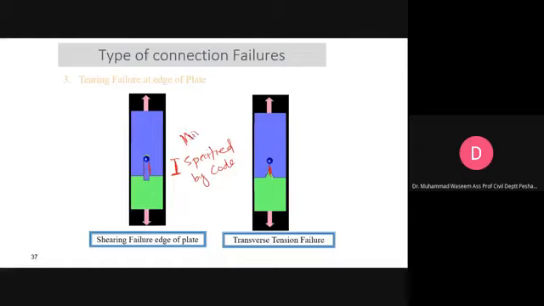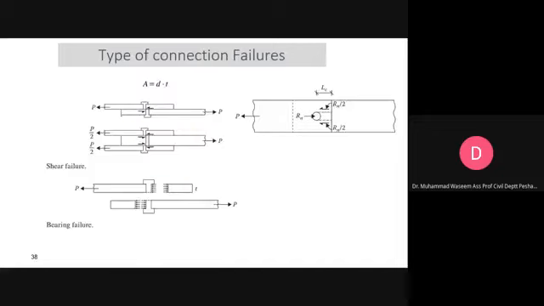In order to avoid the tearing failure, there should be a minimum distance between the bolt and the edge of the plate. This has been specified, if I remember, for 7 by 8 bolt. If you are using a high strength bolt, or an ordinary bolt, for a given bolt diameter this distance should be this much. We will see that in a moment.